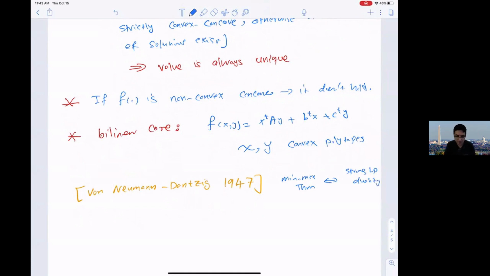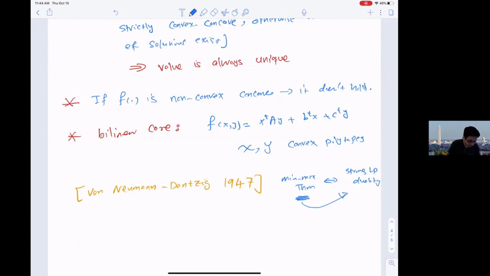Right, so I think we talked briefly last time about the duality of LP. So we have a strong duality in LP. So if you have a primal LP, you write a dual version of it, so you don't have any duality gap. So they showed there's a strong connection between the min-max theorem and the strong dual LP. And in fact, this min-max optimization in this bilinear case can be formulated and solved using the dual of an LP program. So that's an important result in this context.